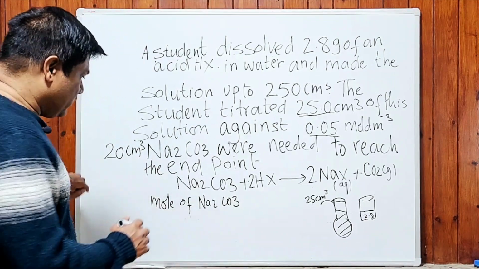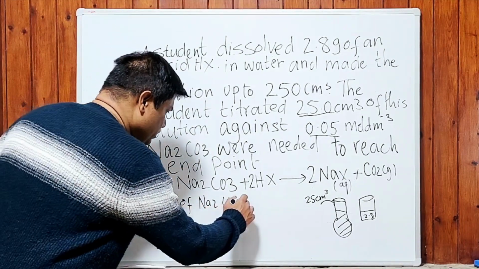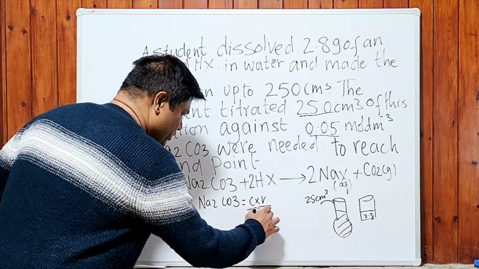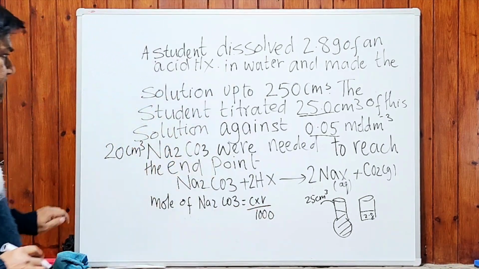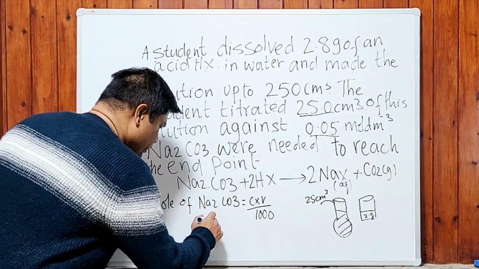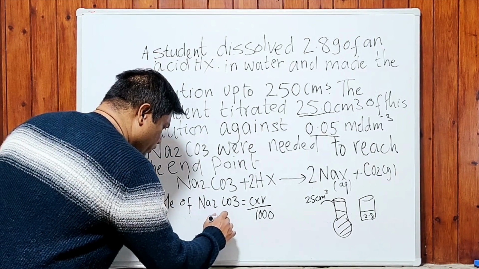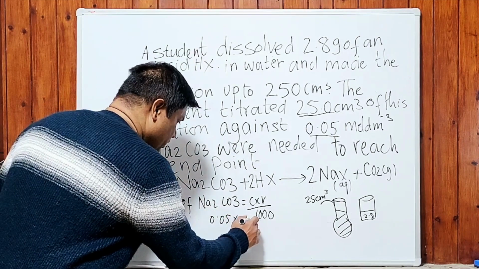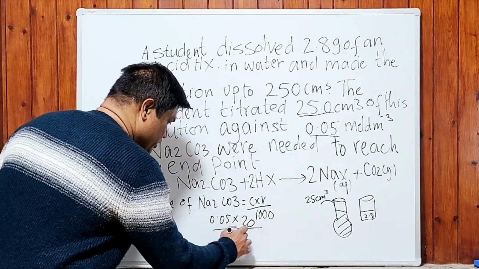Mole equals C times V over 1000, which is 0.05 times 20 divided by 1000.